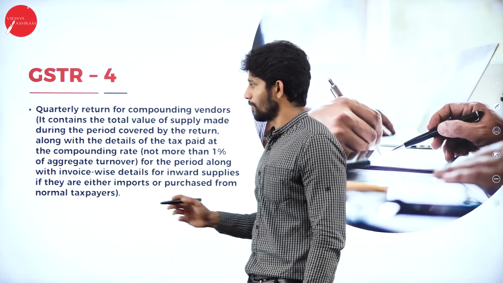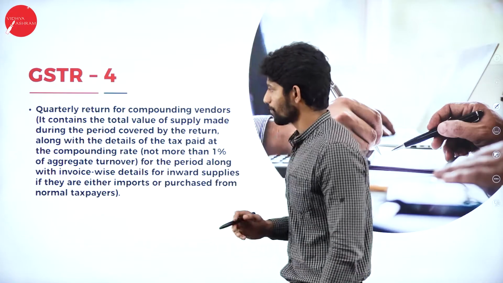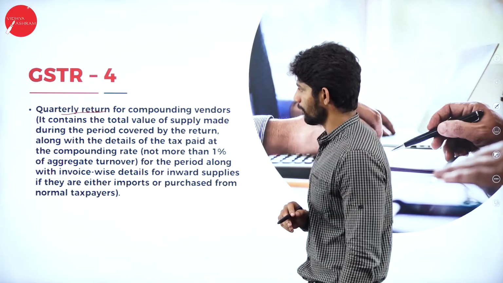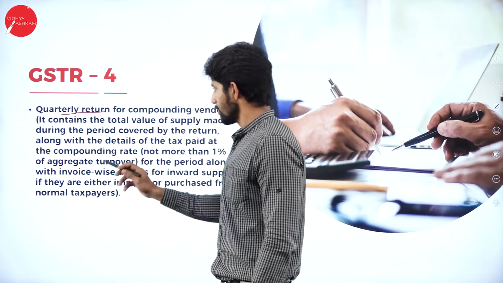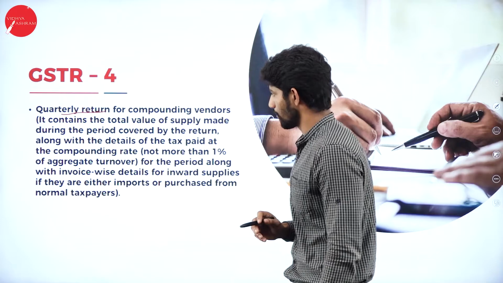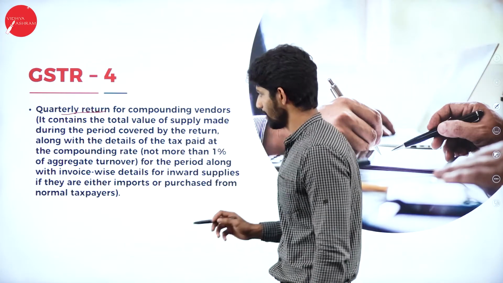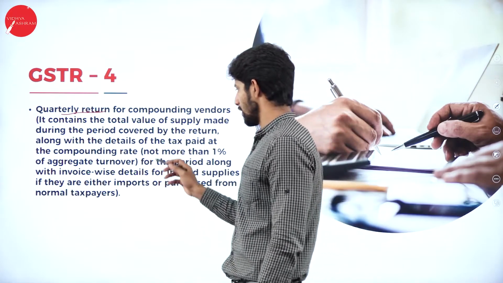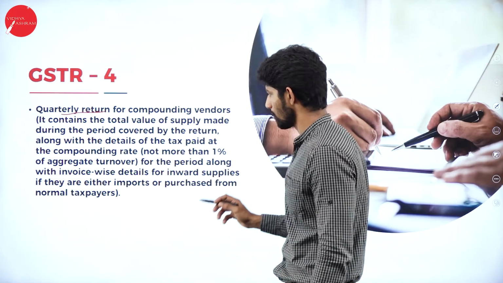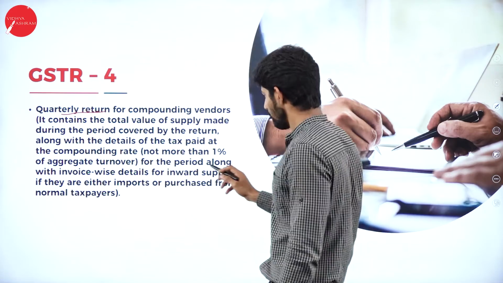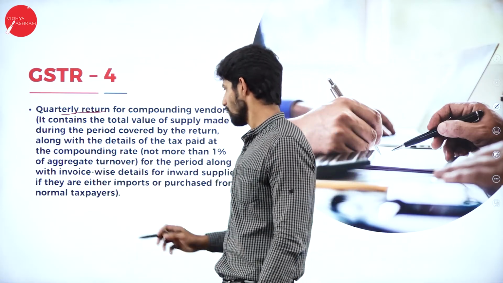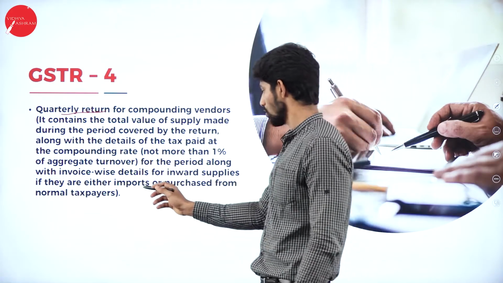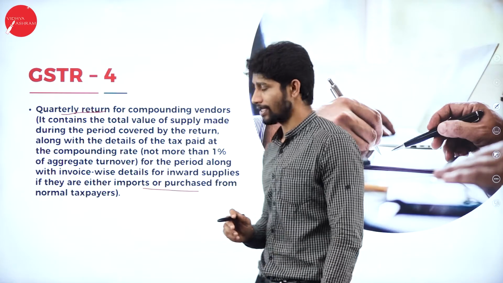Next, GSTR 4. GSTR 4 is all about the quarterly return for compounding vendors. It contains the total value of supply made during the period covered by the return along with the details of the tax paid at the compounding rate, not more than 1% of aggregate turnover, for the period, along with the invoice-wise details of inward supplies if they are either imports or purchased from normal taxpayers.